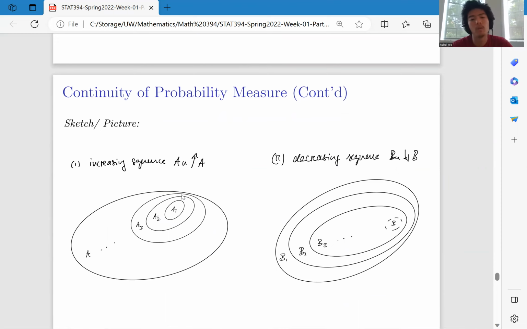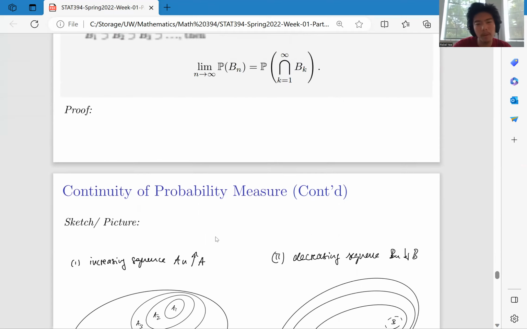And here we denote A1 is a subset of A2, and A2 is a subset of A3, and A3 is a subset of the next term. So we define that for any natural number k, Ak is a subset of Ak plus 1. That's a way to express this phenomenon.